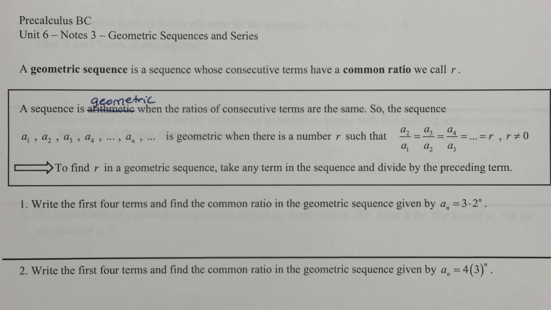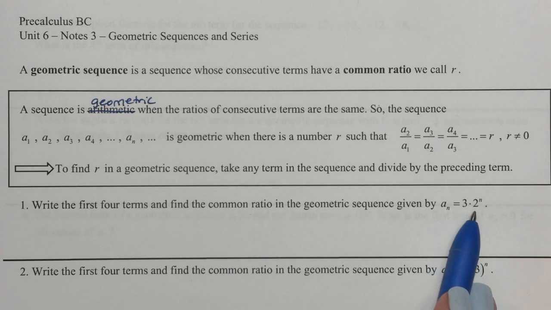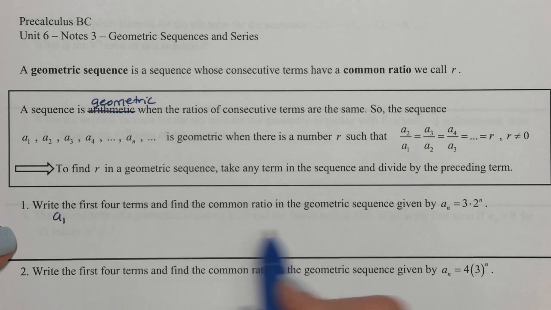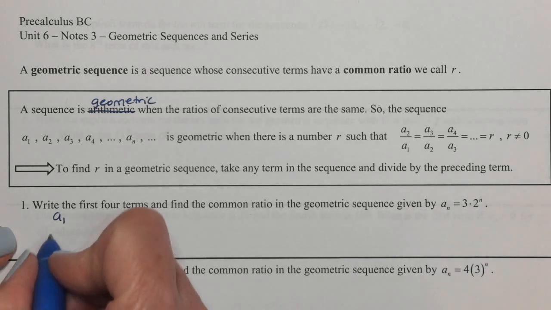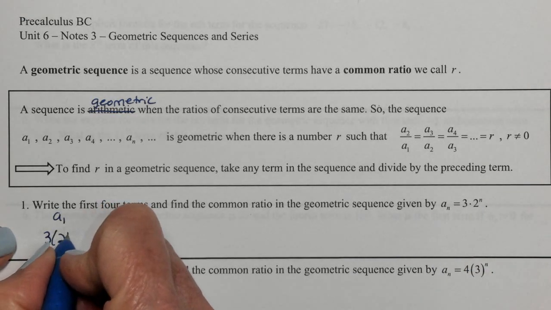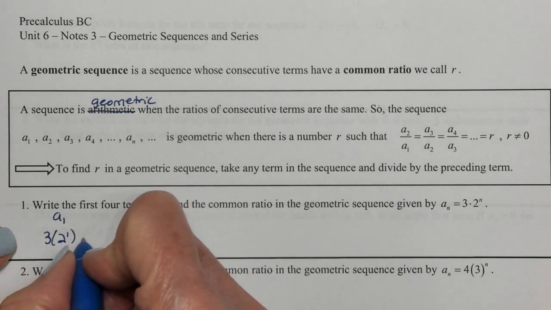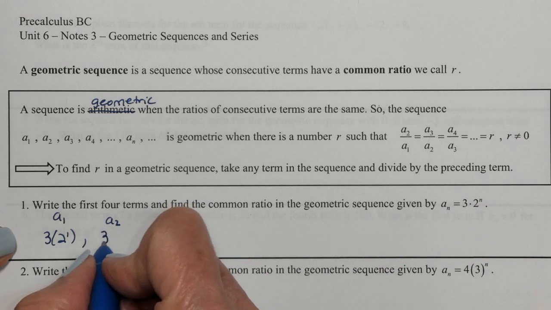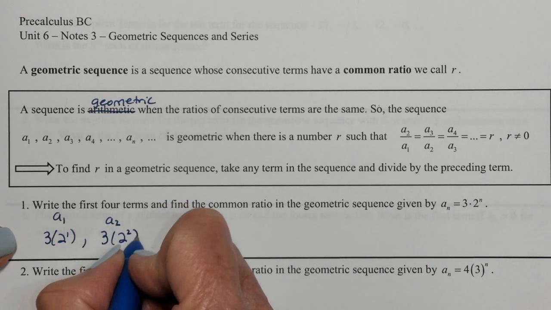In the geometric sequence given by a sub n is 3 times 2 to the n, the first term is when n is 1. If I put 1 in for n, I get 3 times 2 to the first. For the second term, I'm putting 2 in for n, so that's 3 times 2 to the second.